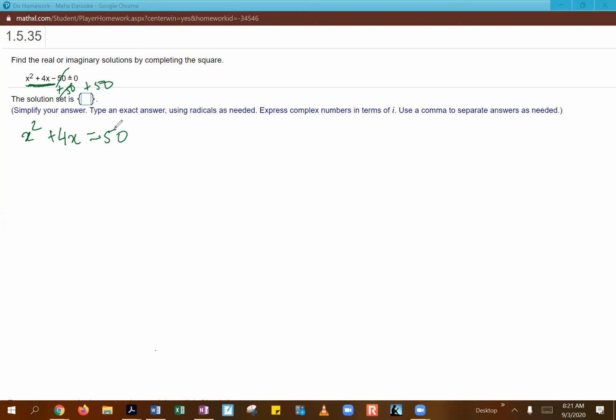Now, when we are talking about completing the square, the idea is we take the middle term of our equation, we divide it by 2, or basically take its half, and then whatever answer you get, we square that result. So this is the process that we have to follow.